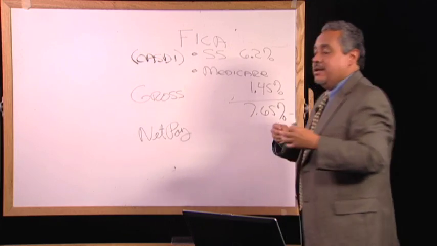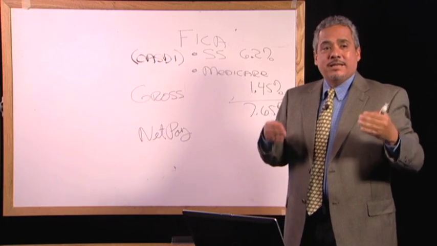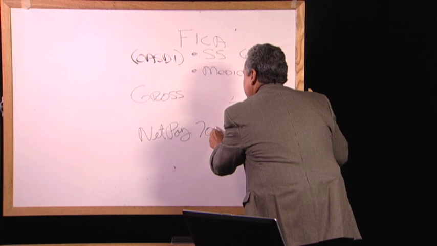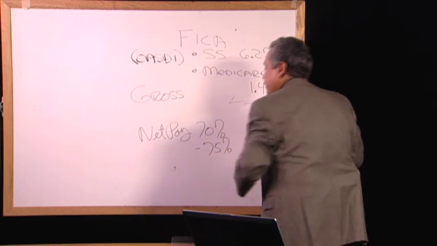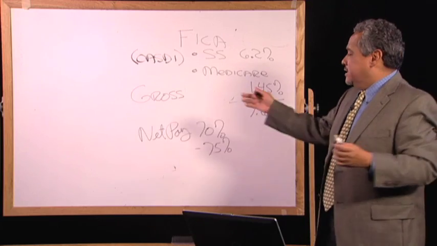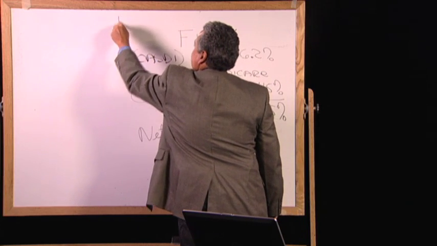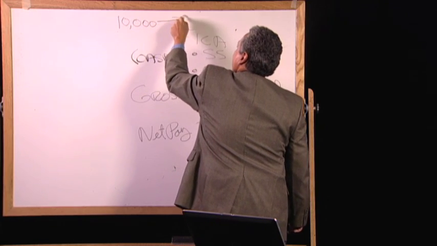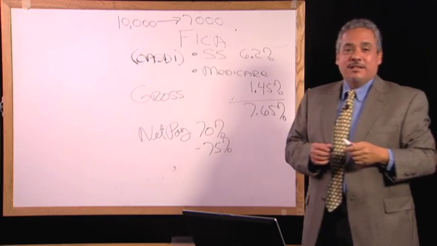Including some deductions, and we're including some benefits in here and taxes, we usually take about 70 to 75% of the gross. So let's go with 70%. That means that if you're making $10,000, you only take home $7,000. That's at the 70% level.